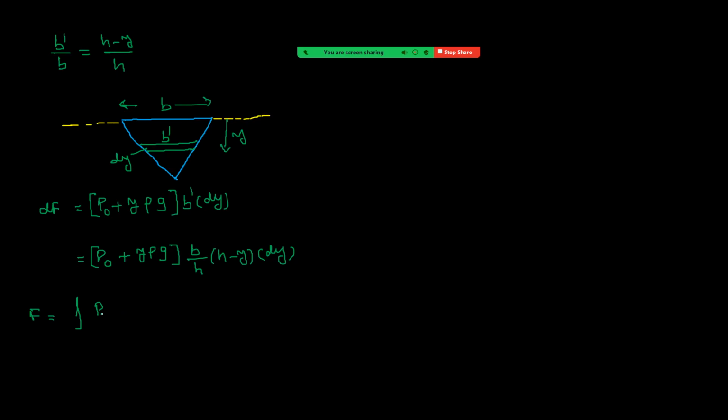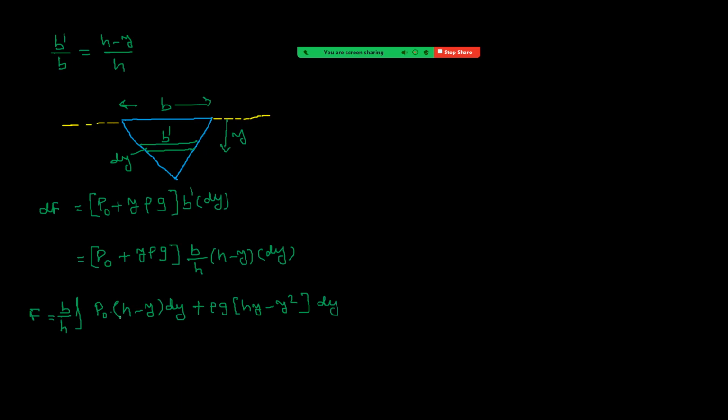Substitute that here. So, let us take these things inside, or you can do one thing, take B by H, it is a constant, take it outside. I'm taking it outside, B by H. Remaining is now P naught into H minus Y into dy, plus Y rho G, so rho G, remaining is now H into Y minus Y square into dy.